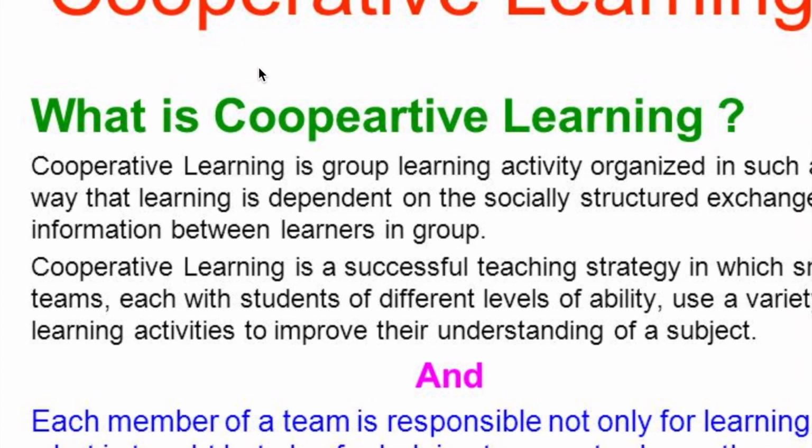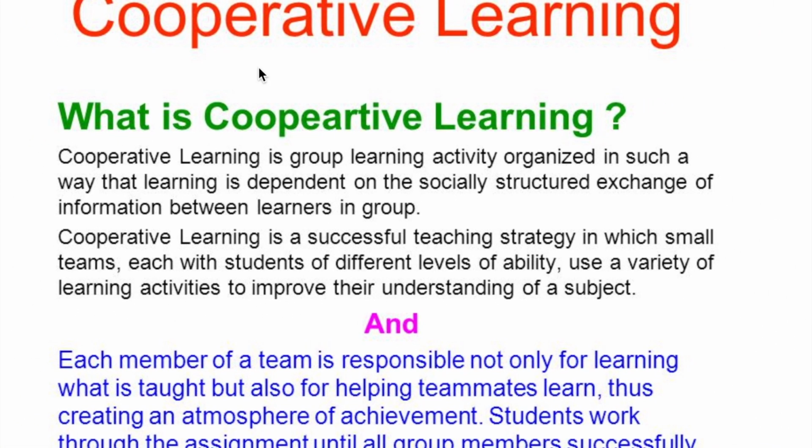What is it exactly? Cooperative learning is a group learning activity organized in such a way that learning is dependent on the socially structured exchange of information between learners in a group. Cooperative learning is a successful teaching strategy in which small teams, each with students of different levels of ability, use a variety of learning activities to improve their understanding of a subject.